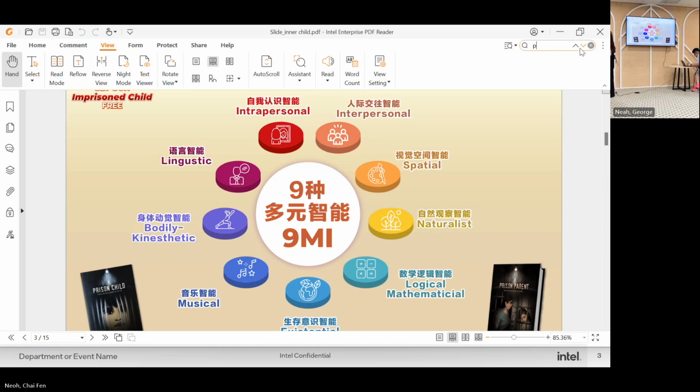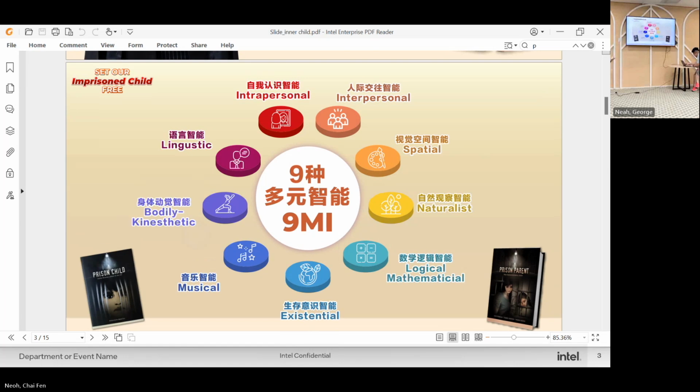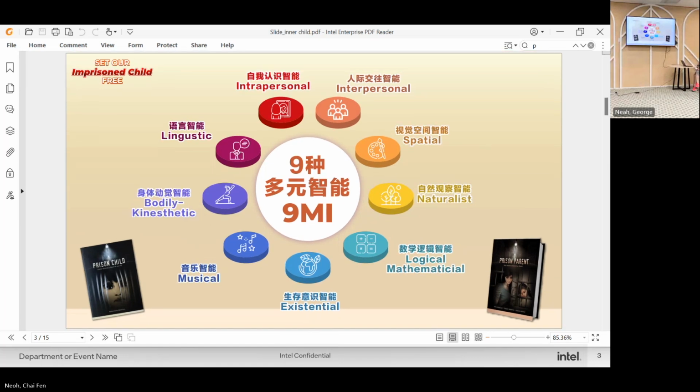Very good. Hunting. And in hunting, do they actually do this? No, they do this, they do this, they do this, right? So this is under the body kinesthetic intelligence. Body kinesthetic. So it's really common that you see boys, guys, not interested in reading books.